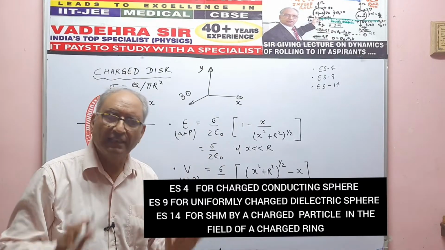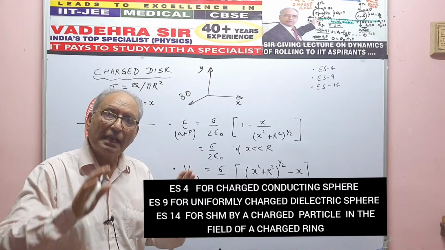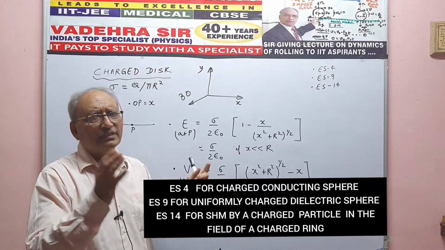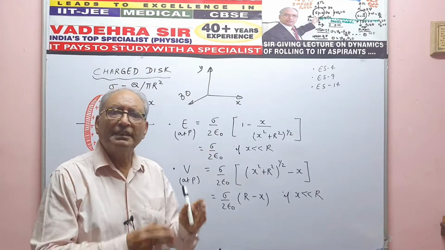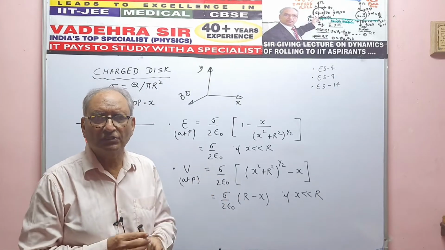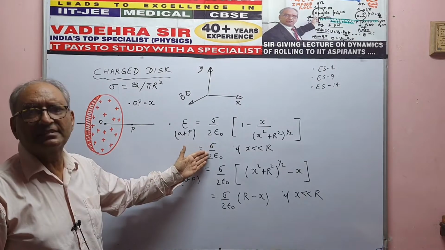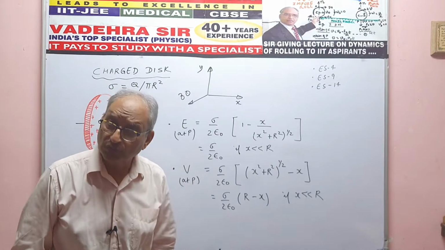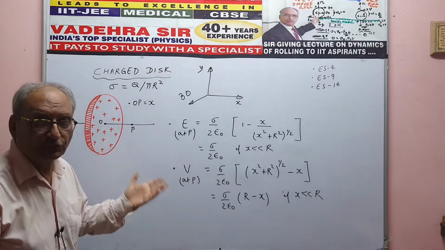And this you have done, if you remember, in the application of Gauss's law. Of course, in my series of basic lectures, I'll be taking on the applications of Gauss's law, where I will prove this with the help of Gauss's law also.